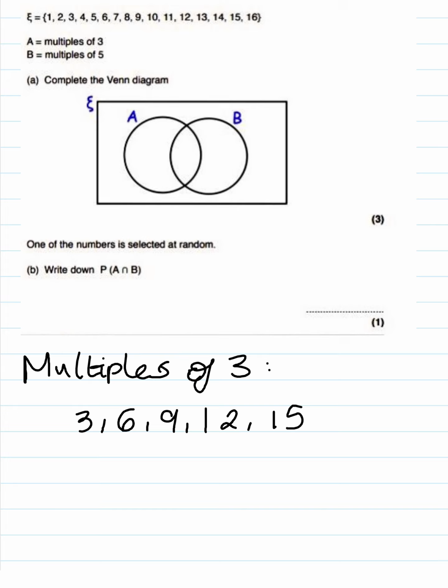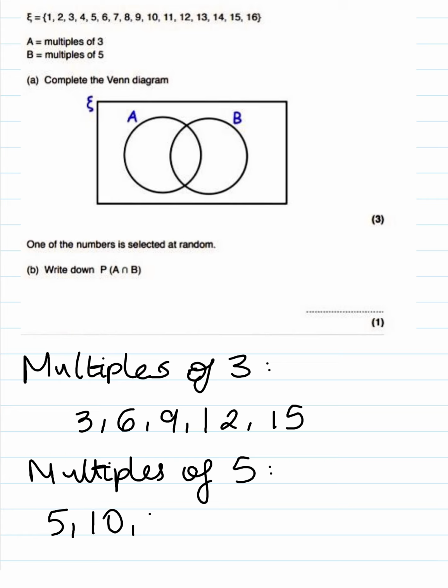These are the multiples of 3 that we have that are between the numbers 1 and 16. Multiples of 5 that we have in the set are 5, 10, and 15.